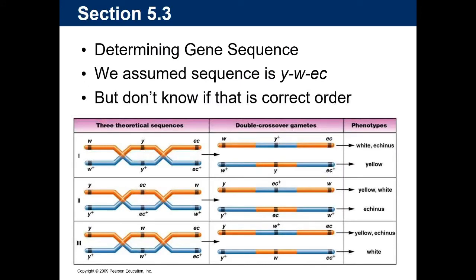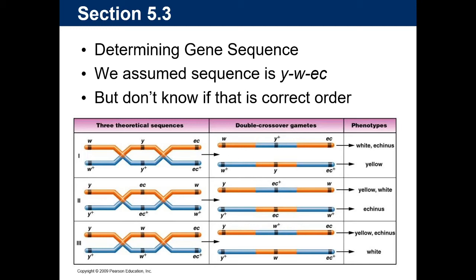So determining gene sequence, you assume that the sequence is Y W EC, but we do not know whether it is the correct order. So in theoretical sequences, you have Y W EC. Okay, for the double crossover gamete, number 1 will be Y in the middle. So what's left, you will see the mutation for Y, which is yellow.